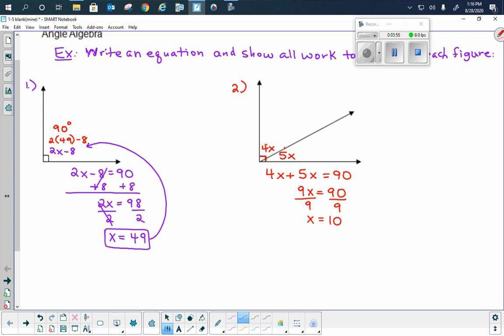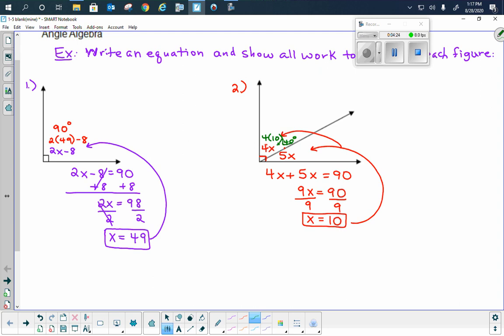At this point, again, you're deciding, is x 10 or 10 degrees? Since x does not stand alone making up an entire angle up here, x is just going to be a regular 10. I'll try to explain that again. This is a regular 10. If you were to go up in the picture and plug in 10 here, like 4 times 10, you would tell me this equals 40 degrees.